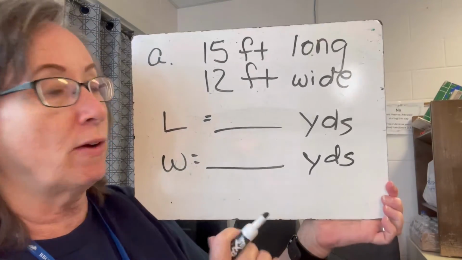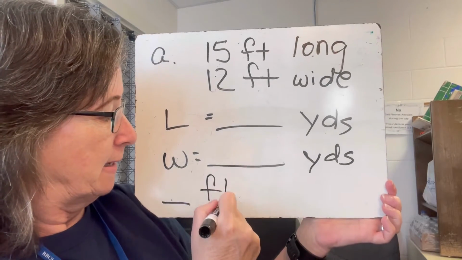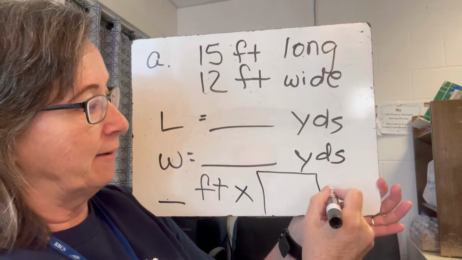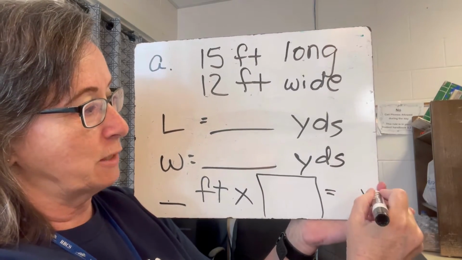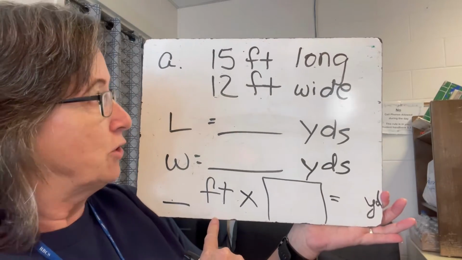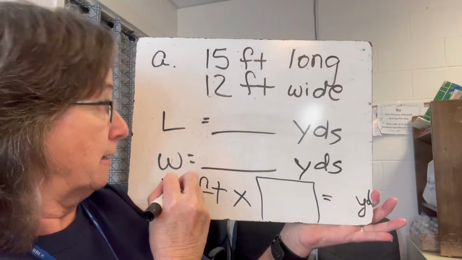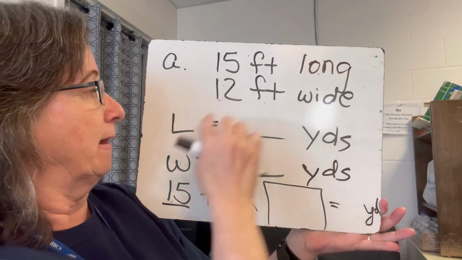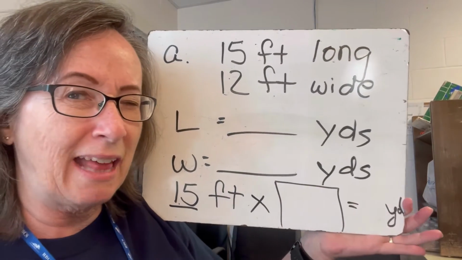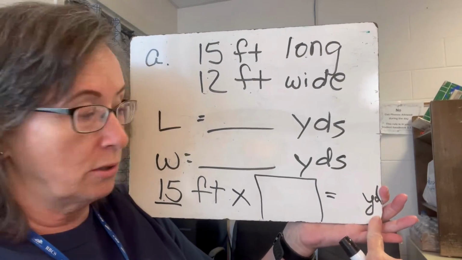Okay, so first of all, let's write our pattern. We have so many feet times something gives us yards. That's what we're looking for. We're looking to go to yards from feet. So in the first case, we have 15 feet, and that was the length. Okay, so and then we're going to multiply. Now we know that 3 feet equals 1 yard. I want to go to yards.